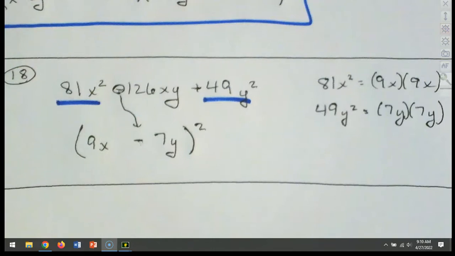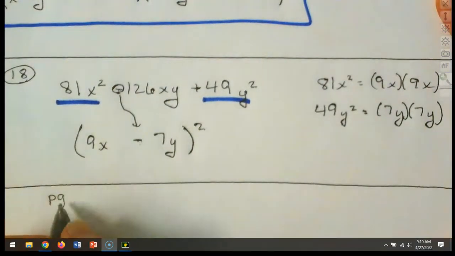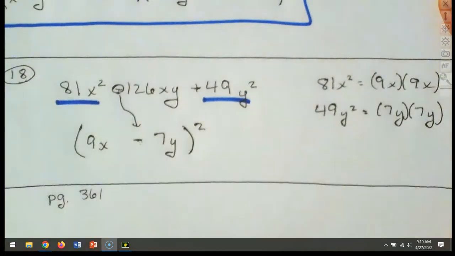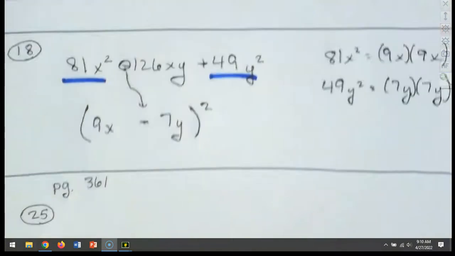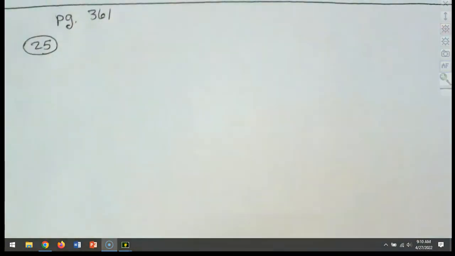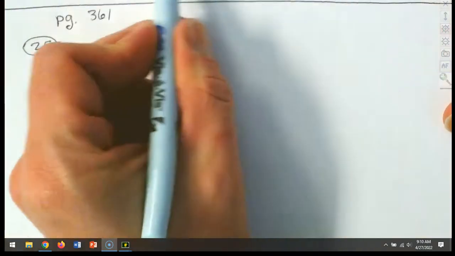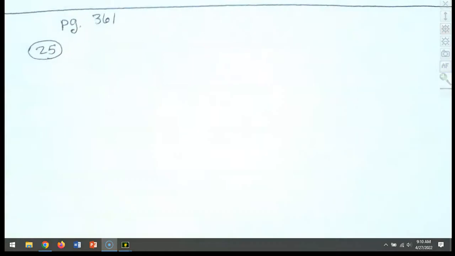We're going to look at question 25, which is a little bit different than the last ones because we're going to have to approach it in a little bit of a different way.